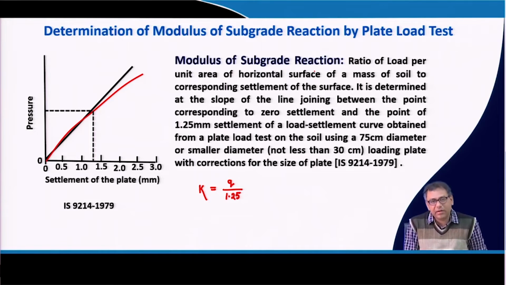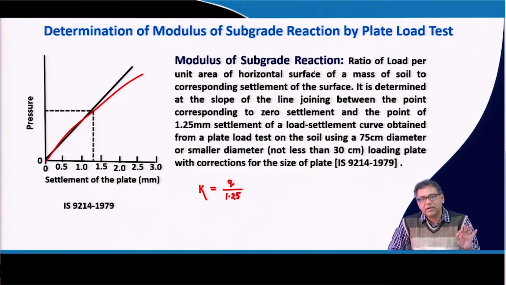In most cases this is the definition, but a few researchers have suggested some different settlement value corresponding to which we have to determine the subgrade modulus. In some cases, one particular stress is recommended, that you calculate the settlement for a particular stress, then you divide that stress by that settlement, that is also the K value.